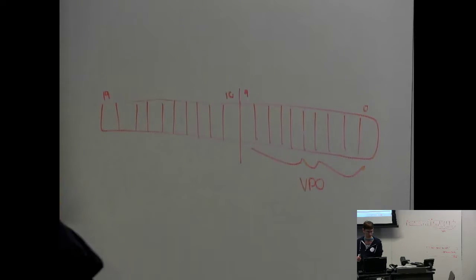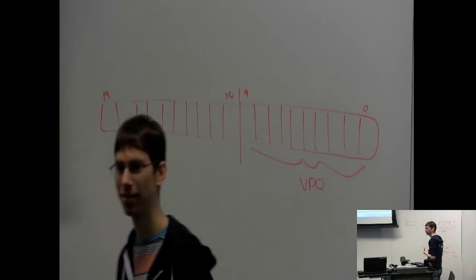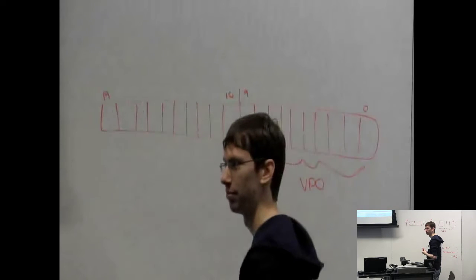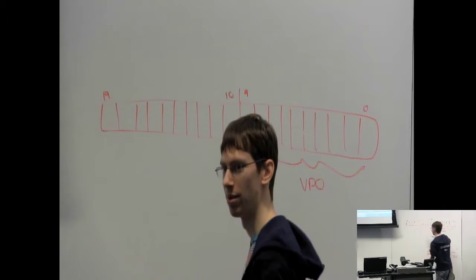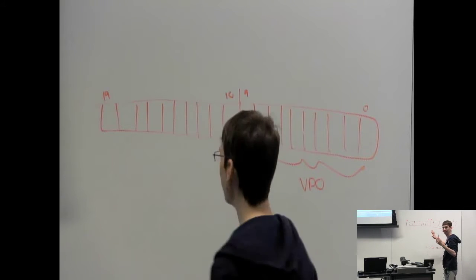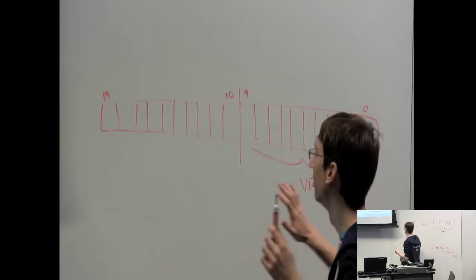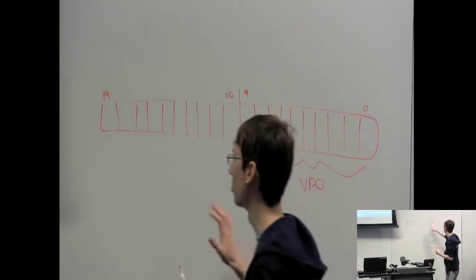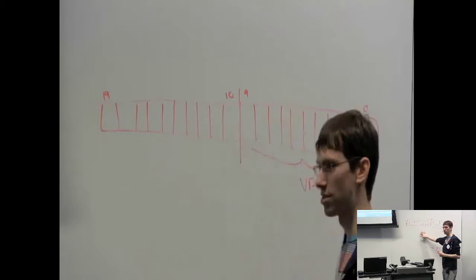Okay, and so then what bits are used for the virtual page number? Do we remember how these work? So let's remember how these are structured. We have the address, and it's split into two components, the page offset and the page number.